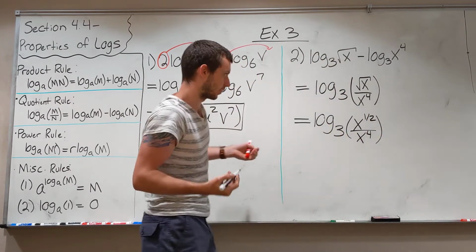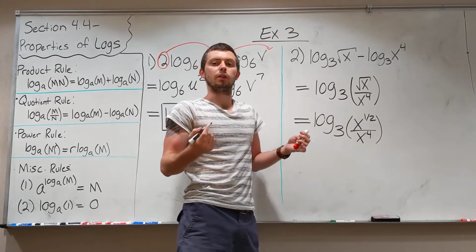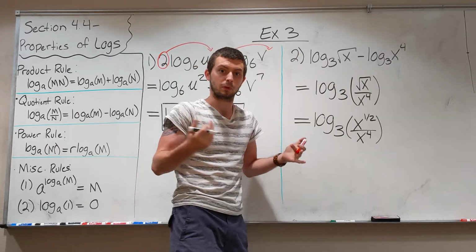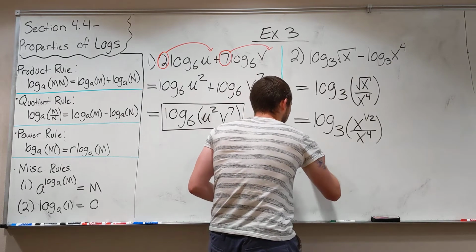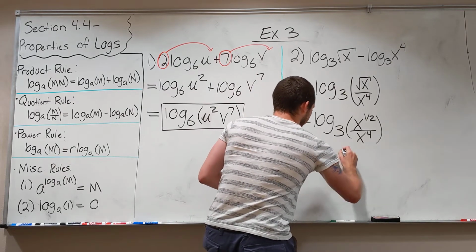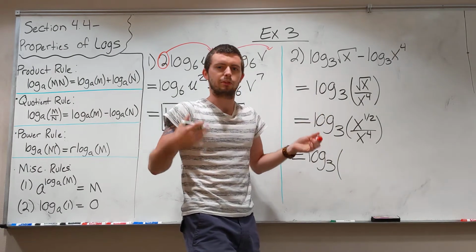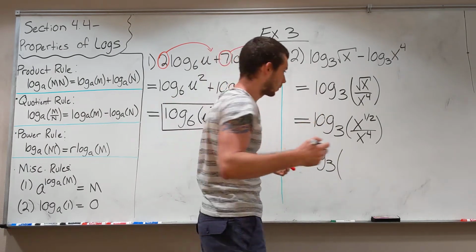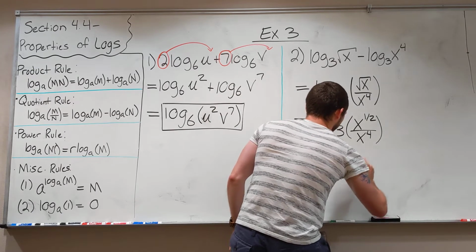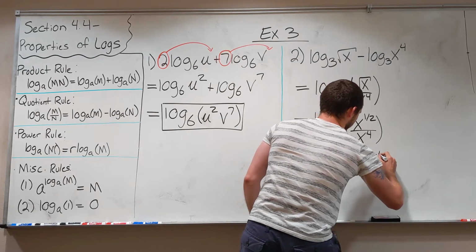And the only reason I emphasize that is because one of the laws of exponents is we can combine these two. This is just a property of algebra in general. But this is x raised to the 1/2 minus 4.